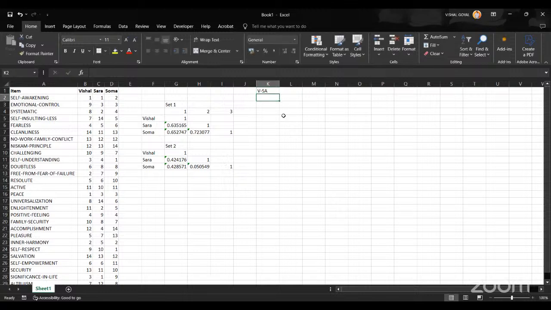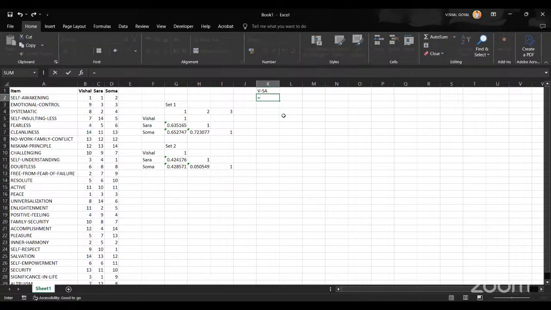Enter. Now you write down equal to B2 minus C2. B2 minus C2. Yes, sir. Enter.